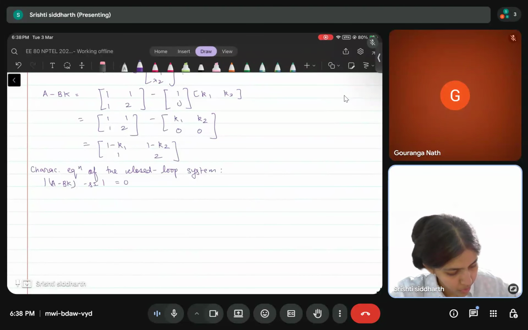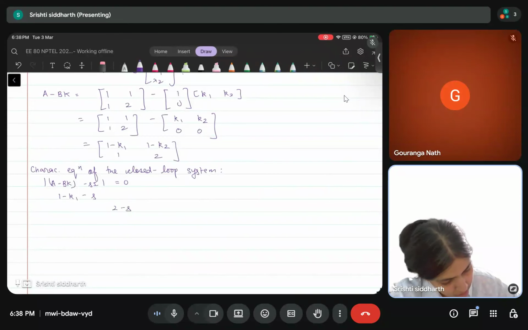So let's see, this is going to be determinant of [1 minus K1 minus s, 2 minus s; minus K2, 1].